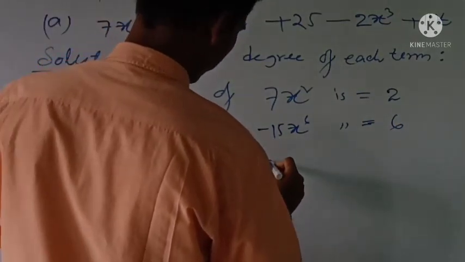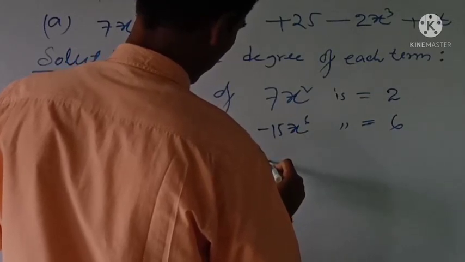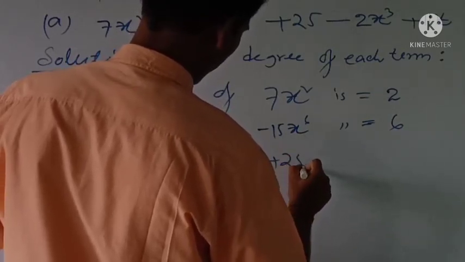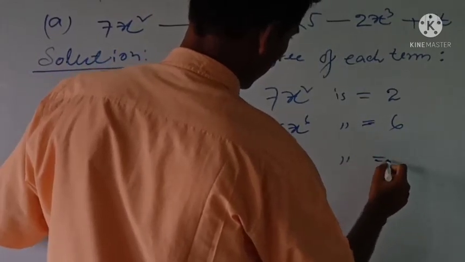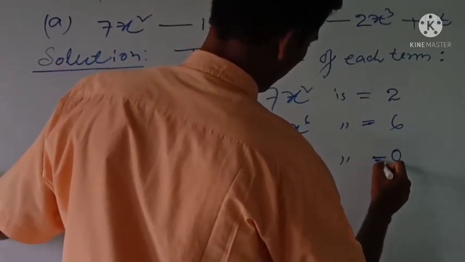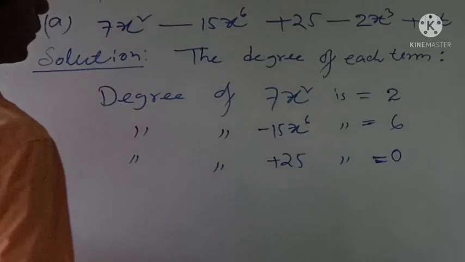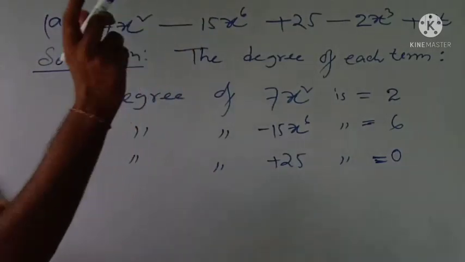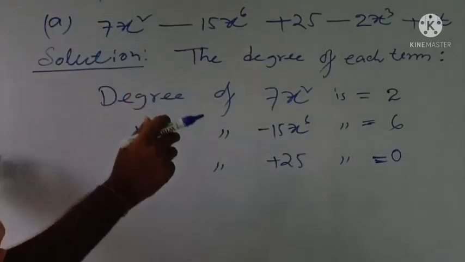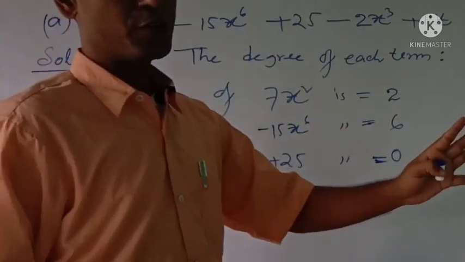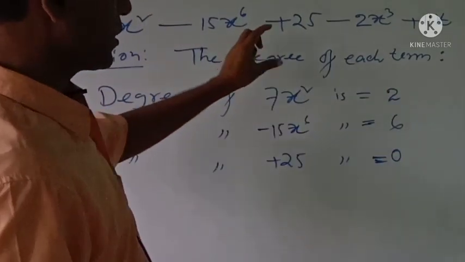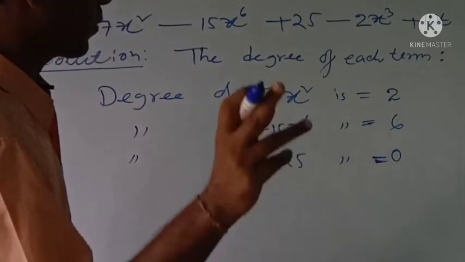Then degree of plus 25 is 0. We know the degree of a constant term is always 0. Whatever the constant term may be, it can be 2, 3, 4, 5, 10, no problem, but the degree of a constant term is always 0. Remember, point to be remembered.